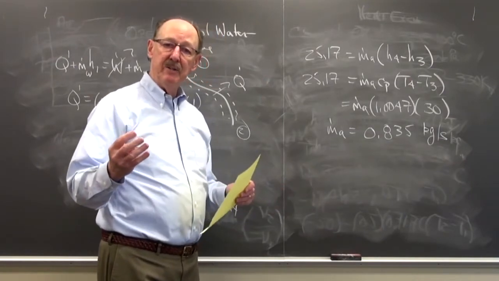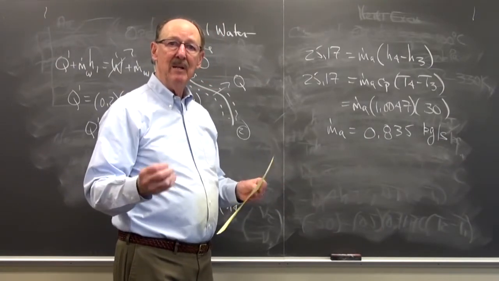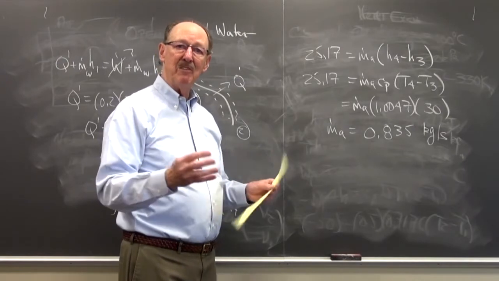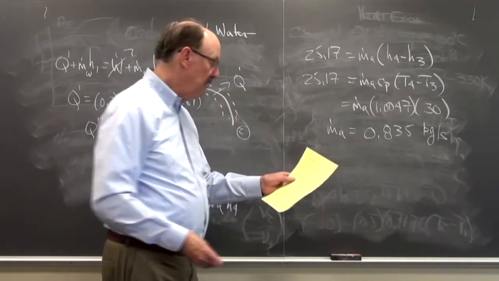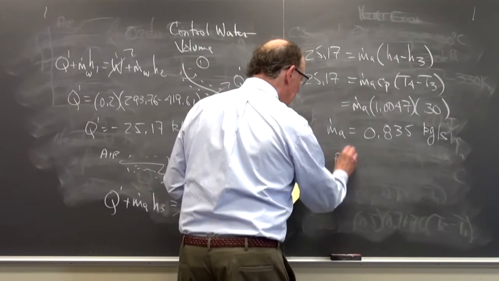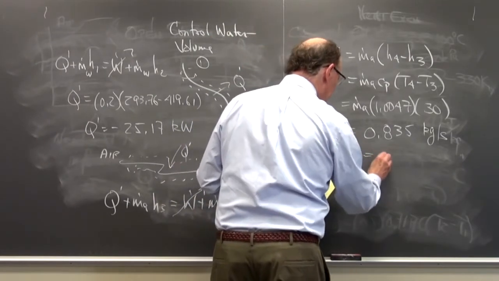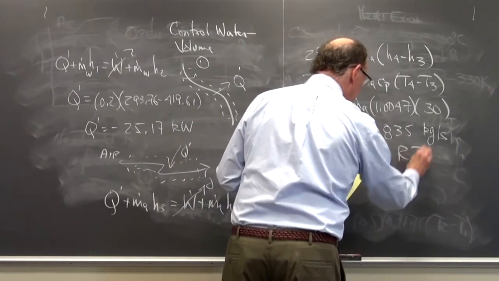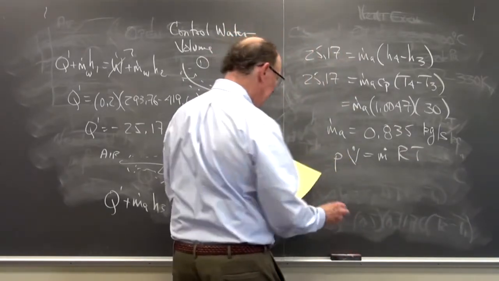Now I use the ideal gas law and find the volume flow rate, because fans are rated on volume flow. So we'd want to have the volume flow rate. If I look at the ideal gas law, PV dot is equal to m dot RT. And I use the inlet conditions.